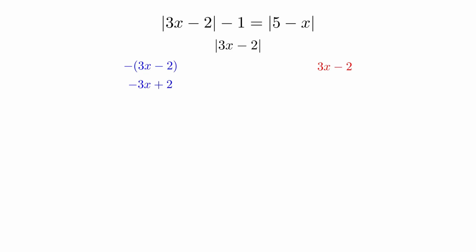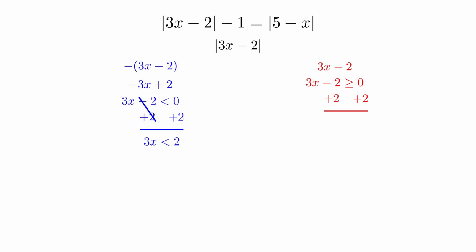Now, the next thing is we want to figure out the conditions or rules for this absolute value. The easiest way I like to do that is to take what's inside the absolute value and set up inequalities. For the negative version, you'll set up an inequality where you have 3x minus 2 less than 0. And for the positive version, you'll do the same thing, but it'll be 3x minus 2 greater than or equal to 0.